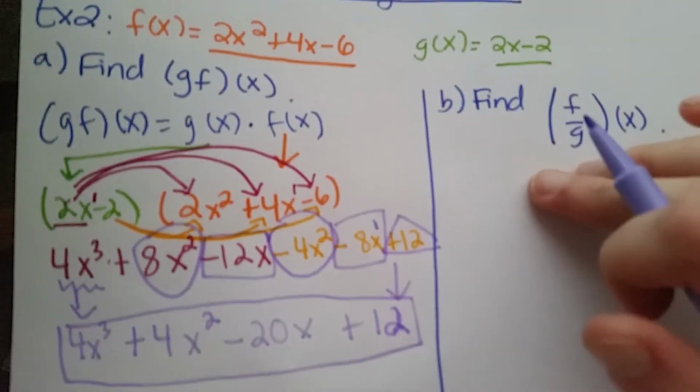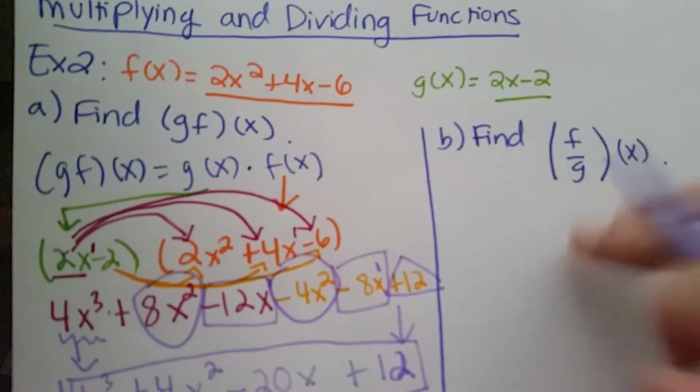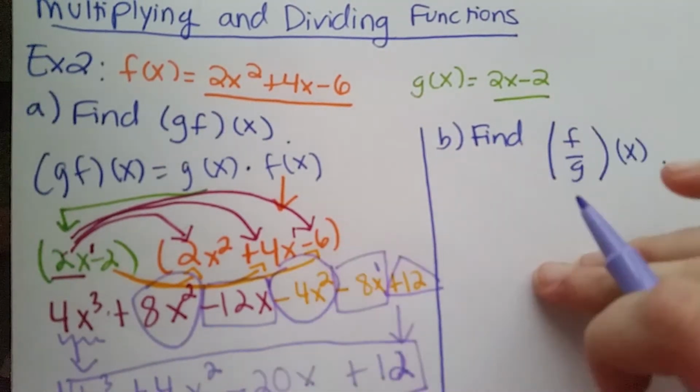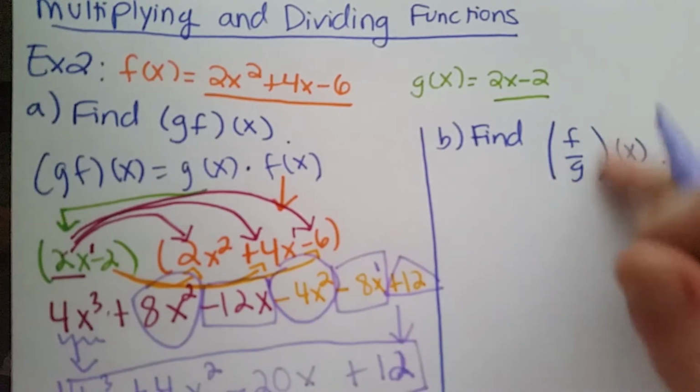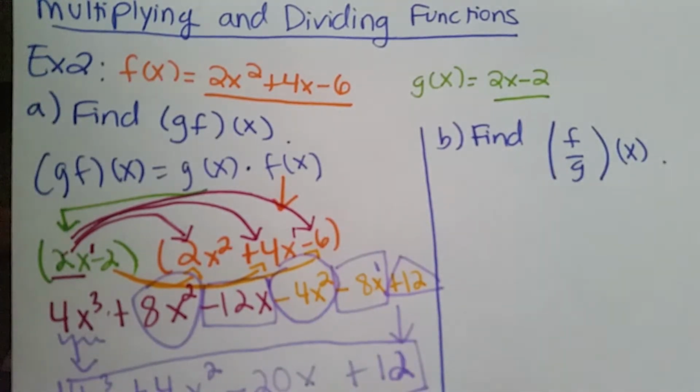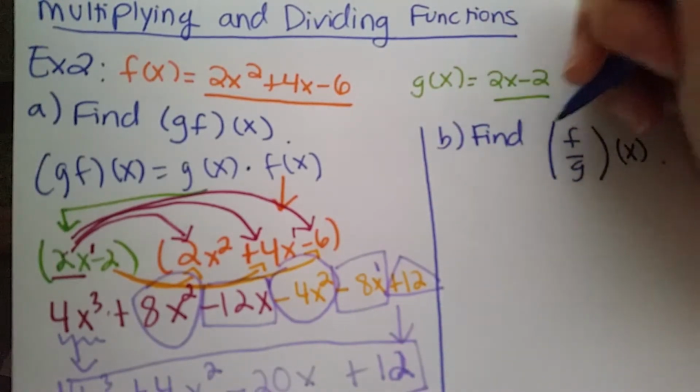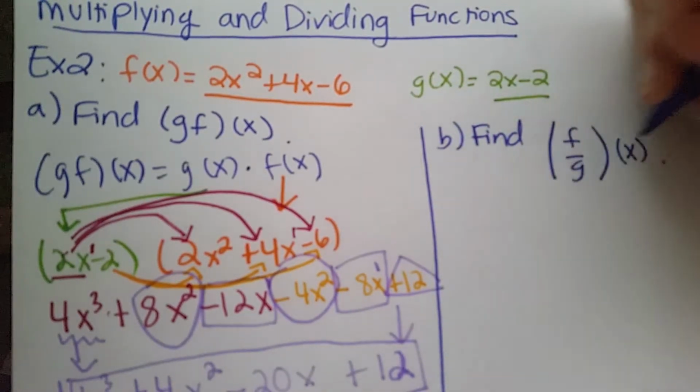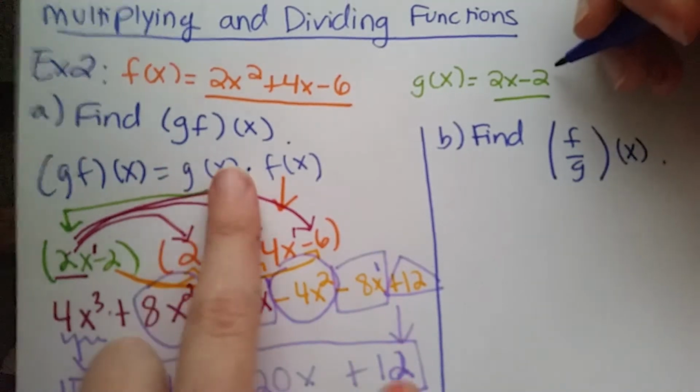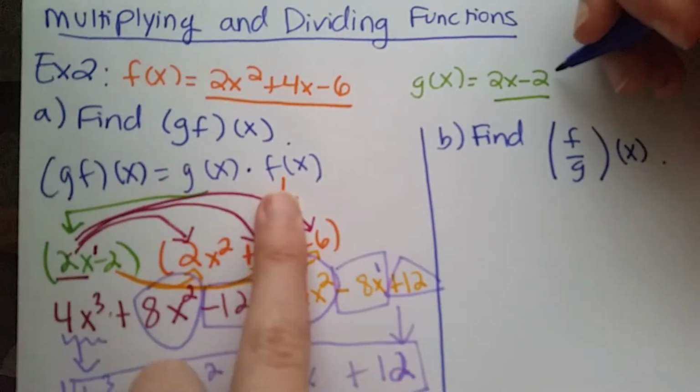The problem on this side is much different than this one, and it takes a lot fewer steps. You'll probably like the dividing ones more than the multiplying ones. This problem says to find the f divided by g of x, which, like in the previous problem, there's another way to rewrite.